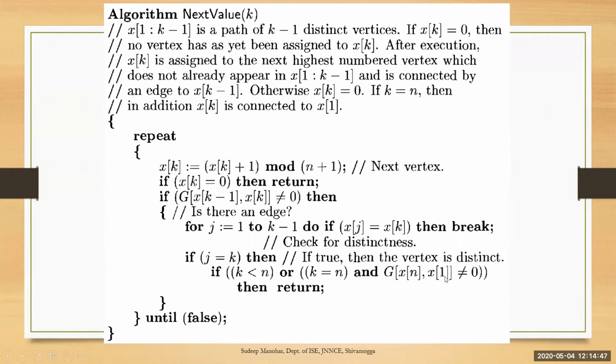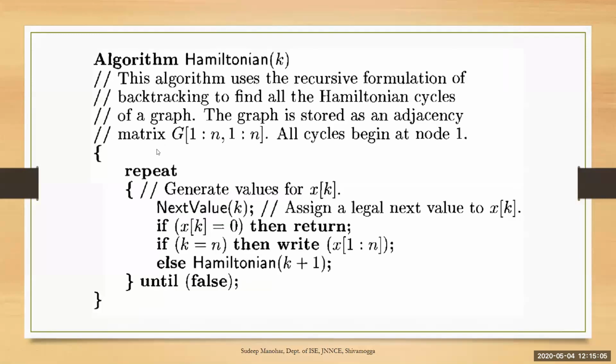So if that is the case, then return. Then x of k, whatever k is chosen here, is the next vertex to be chosen. So this will return to the previous function. What happens in the previous function? Let us see. Now the next value has been chosen for k.